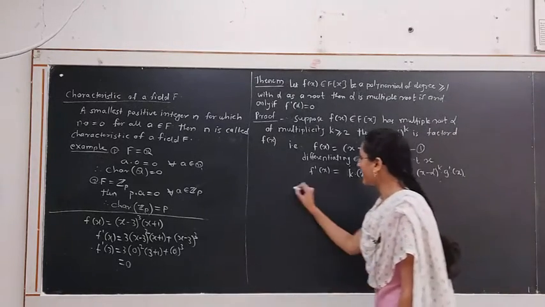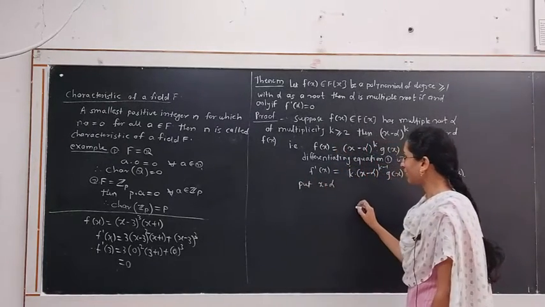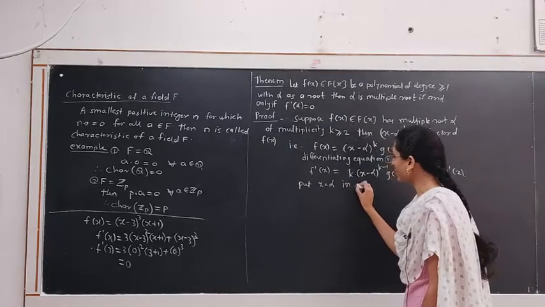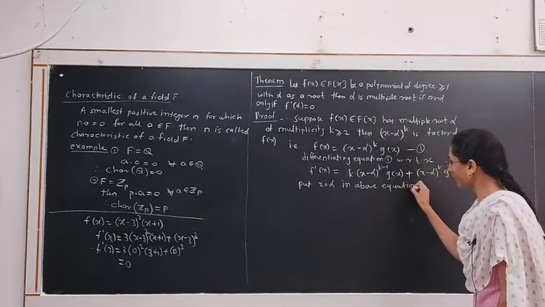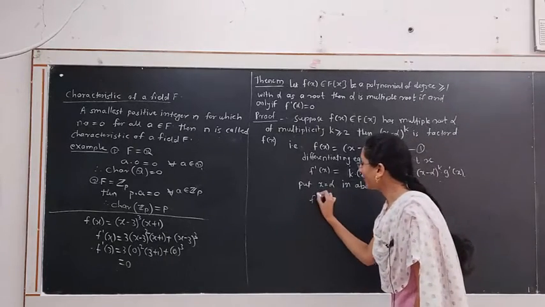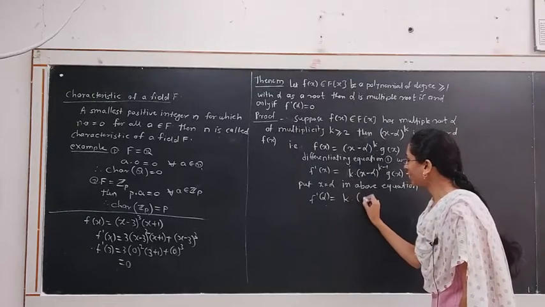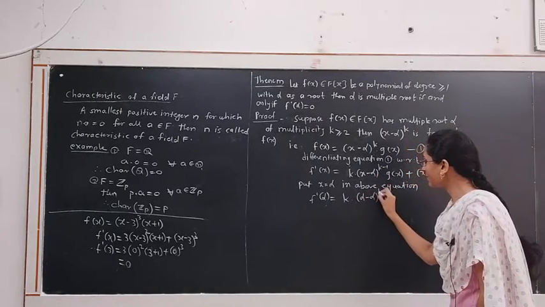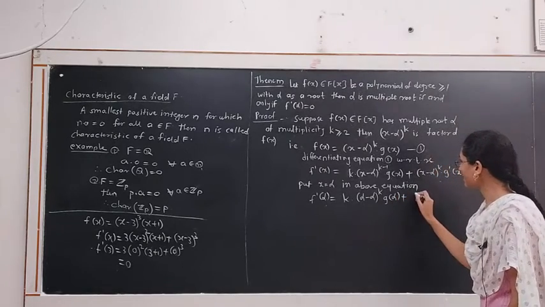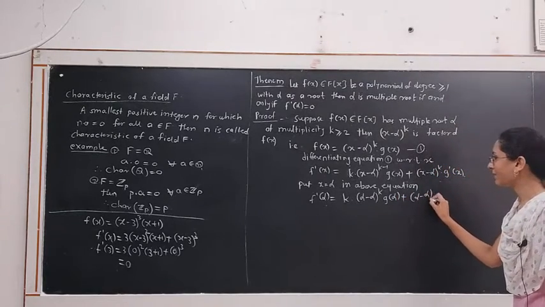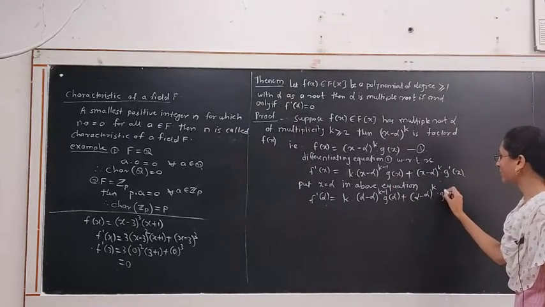If we put x is equal to alpha in the above equation, then we get f dash of alpha is equal to k into (alpha minus alpha) into g of alpha plus (alpha minus alpha) raised to k into g dash of alpha.